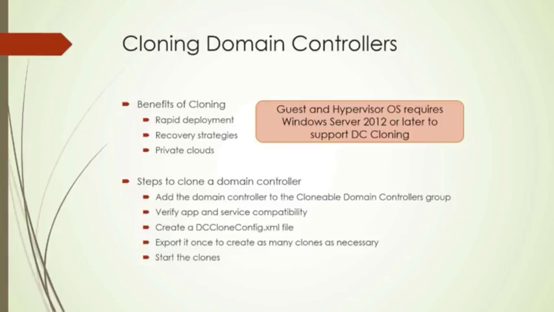This is all much easier to just walk through the process, which we will very shortly. We'll create a DCCloneConfig XML file. Yet again, that is done through PowerShell after you've decided if there are applications or services that you want to exclude. And that clone config file just gets placed in the appropriate location within the virtual machine. This functions almost as a sysprep.